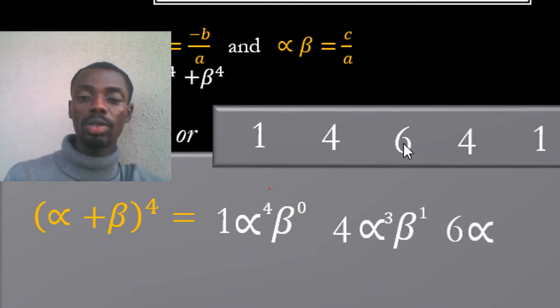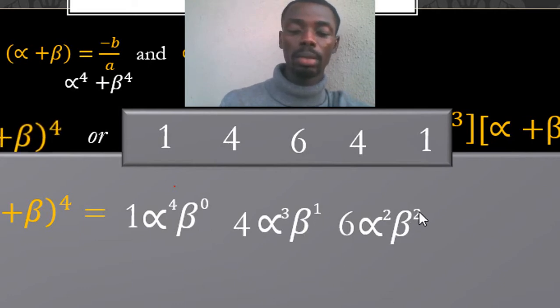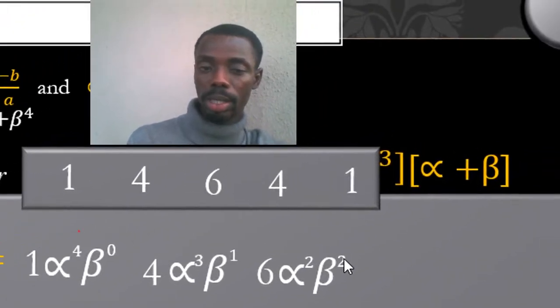Alpha is raised to the power of 2, and beta is raised to the power of 2. Remember, the power of alpha decreases and the power of beta increases: 4, 3, 2, and here 0, 1, 2. One increases, the other decreases.